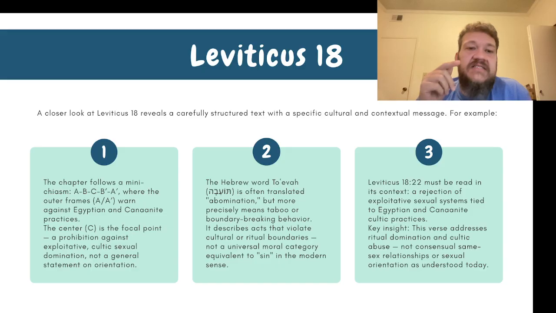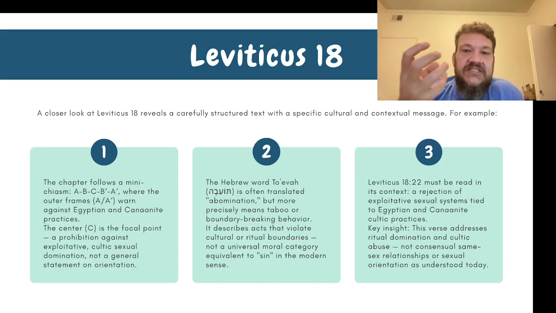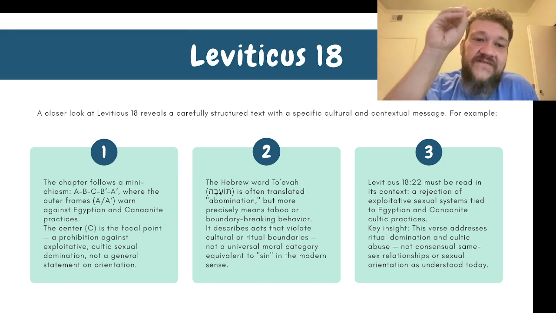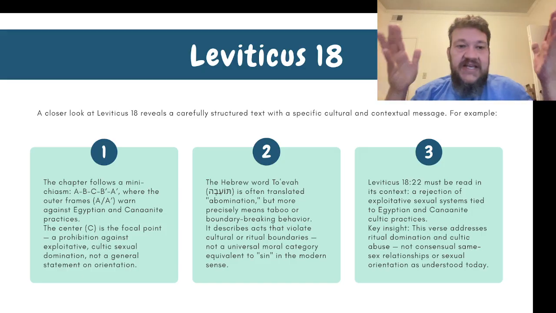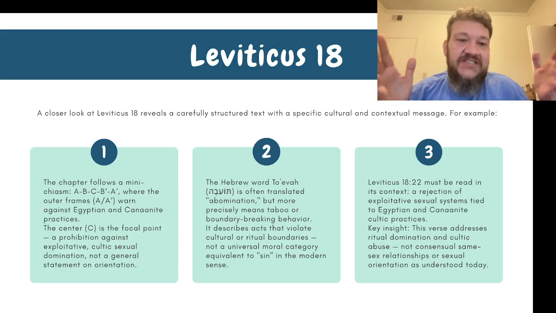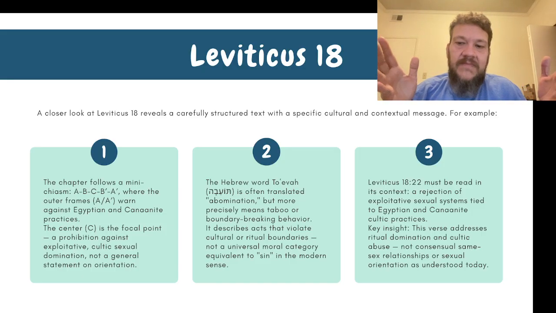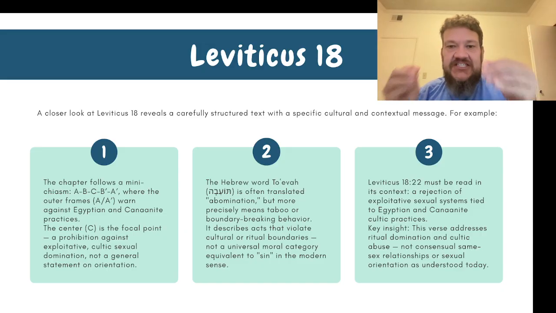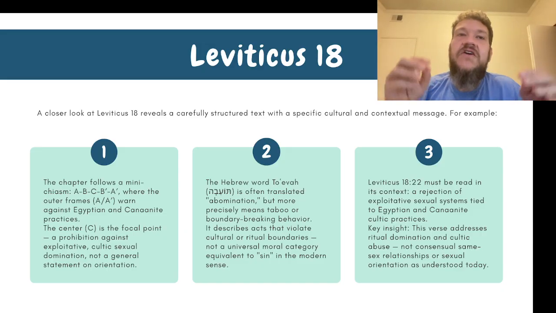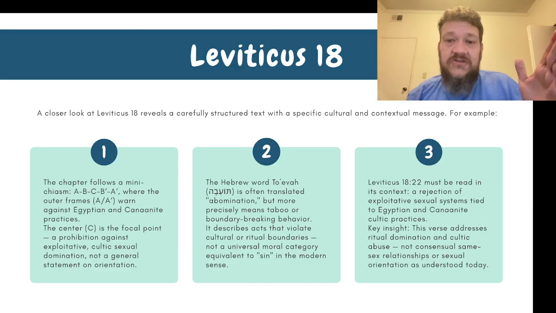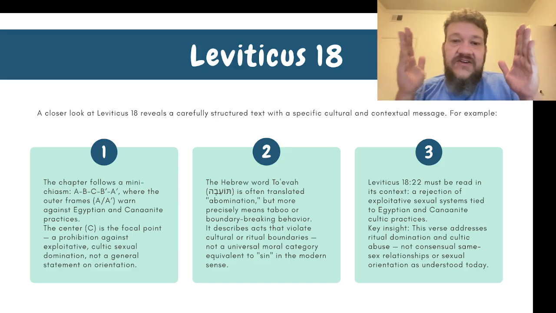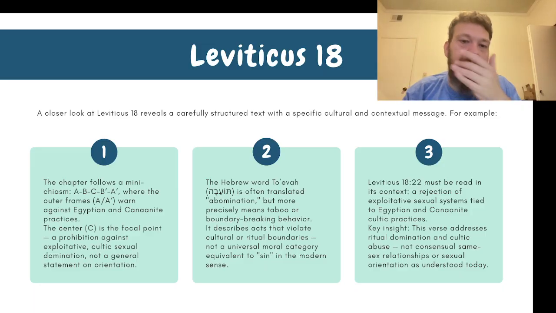Now, because Leviticus is chiastic, the center interprets the edges. So the very center of this leads to this idea of love your neighbor. And that's the purpose of this holy purity boundary that we run into: to teach them how to truly remain culturally separated from these other cultures in a way that they're showing love for their neighbor.